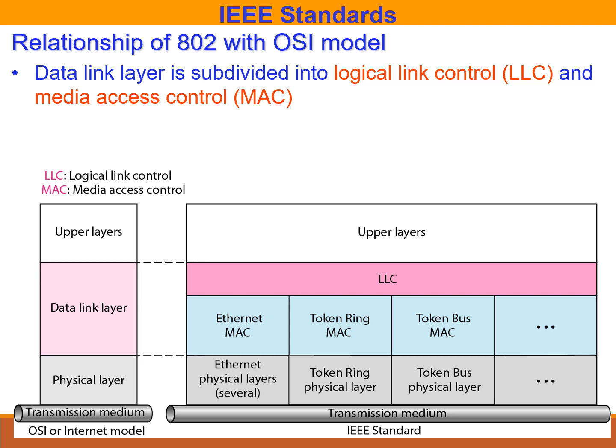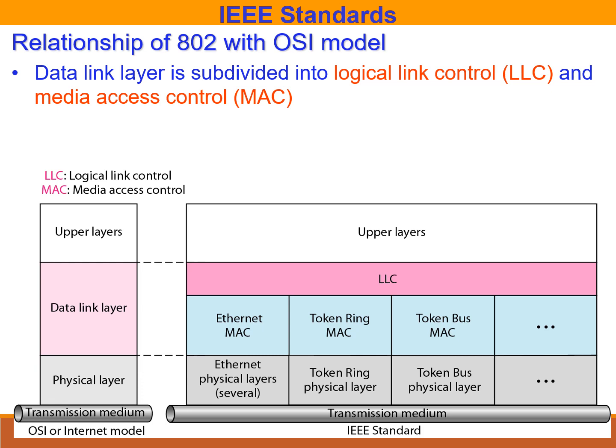In this we have two things: one is framing, and the other is the need for LLC. Framing defines a protocol data unit, and the header contains a control field like the one in HDLC. This field is used for flow control as well as error control. In the header we use a DSAP, that is destination service access point.